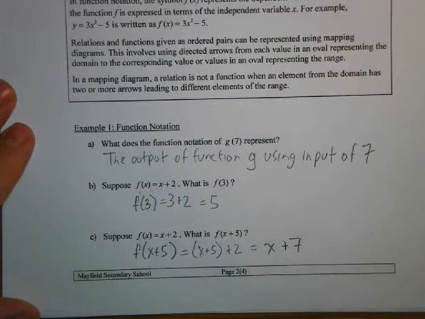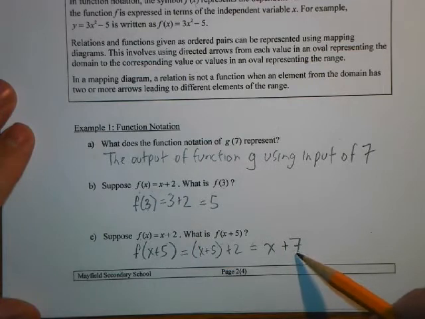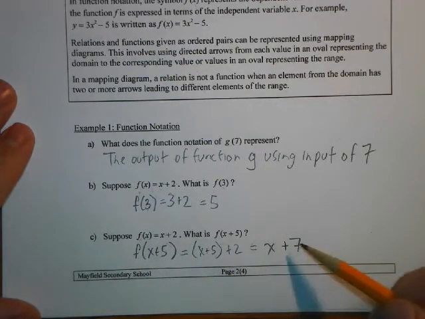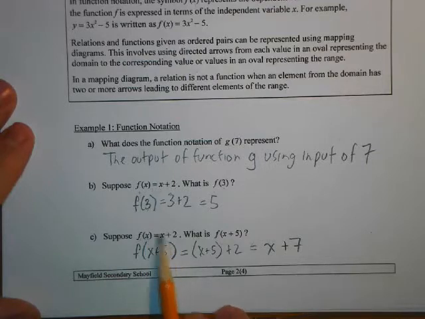So if I was to describe what this means, it means the output is x plus 7 for the function f if I give x plus 5 as input. And I know that sounds a little confusing, but basically think of this as the machine, okay? And the definition of this function f says that we're feeding this machine input of x, and what's happening here defines what the function does.